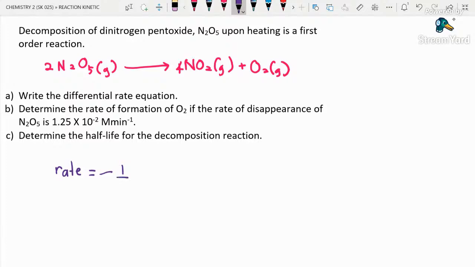Negatif 1/2 d[N2O5] over dt. This is differential.